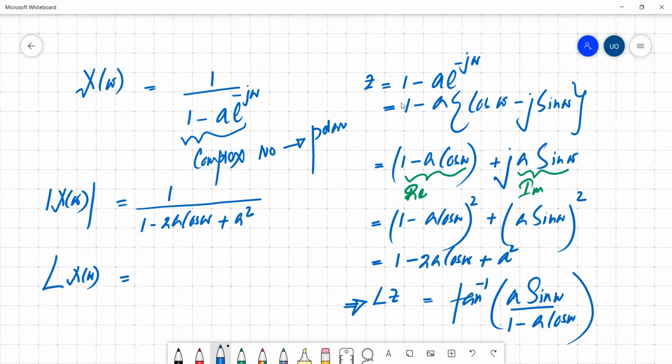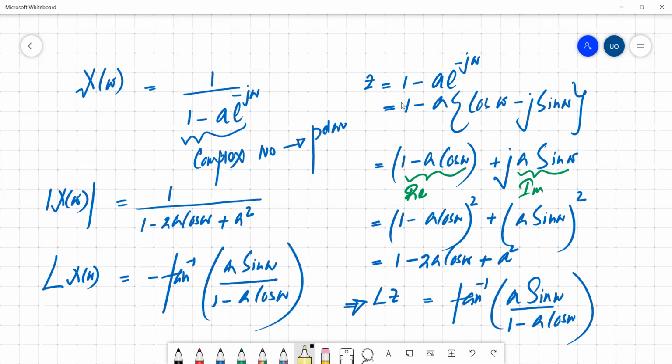So then you can simply bring this phasor to the numerator, so it becomes minus tan inverse of a sine omega divided by 1 minus a cos omega.